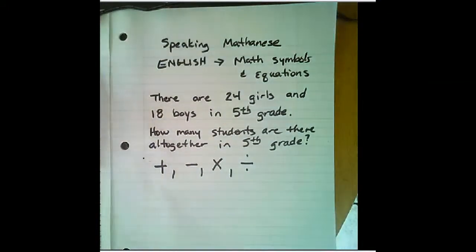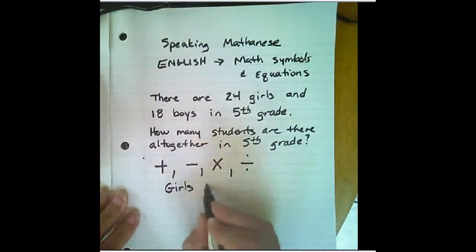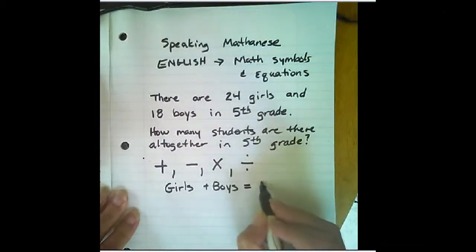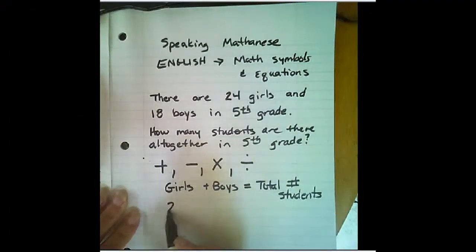You have to think, okay, students are made up of girls and boys. So I need to know how many girls plus how many boys equals total number of students. Total number. So I had 24 girls. I had 18 boys.